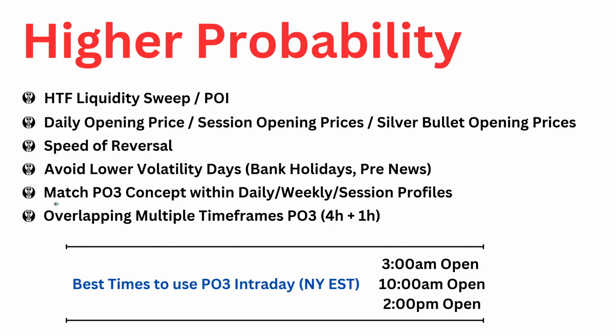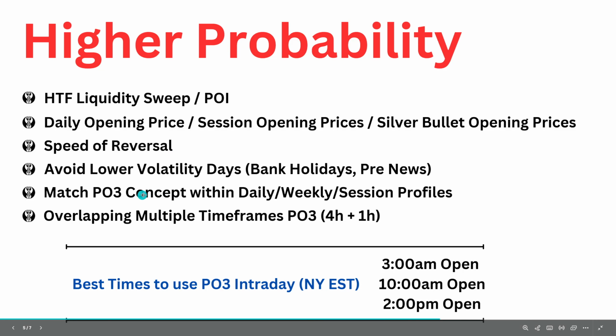You want to match the PO3 concept with daily, weekly, or session profiles. We know that ICT has many different profiles of weekly patterns and daily patterns, such as the classic ICT buy day, or maybe you have the Thursday reversal, the Friday consolidation pattern, and matching the power of three concept with this.